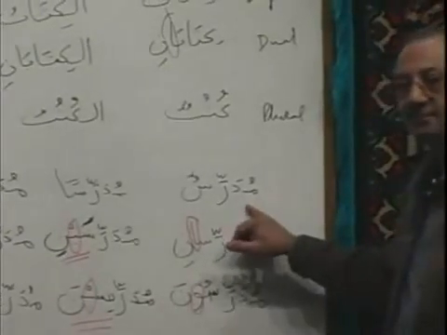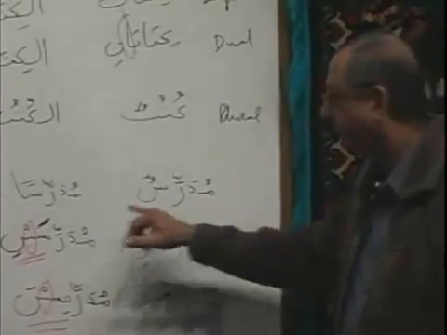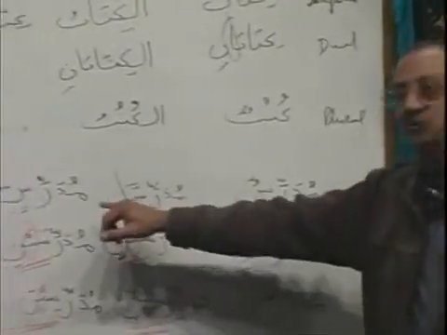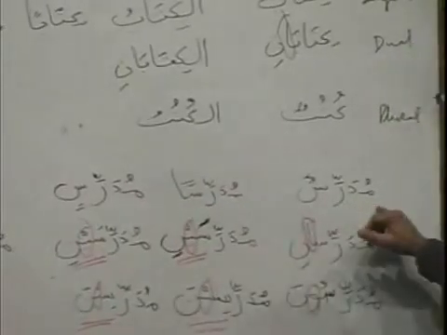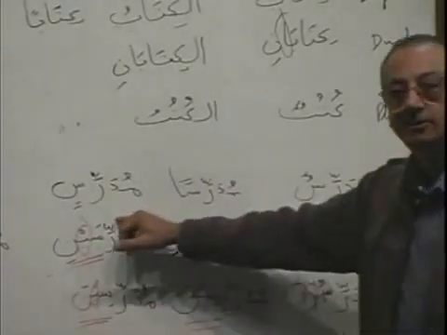Same pattern you will apply to the next noun, Sadikun. Sadikun, Sadikan, Sadiqin. Sadikatun, Sadikatan, Sadikatin. Are you with me? It's very easy. It's not difficult. By repeating several times, inshallah, it will become very good.